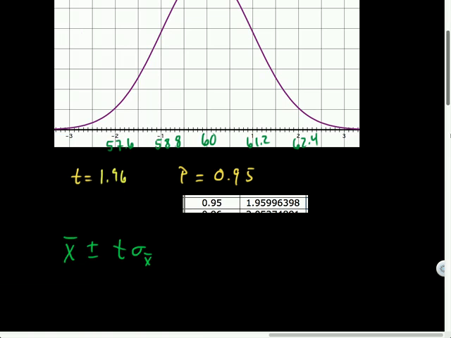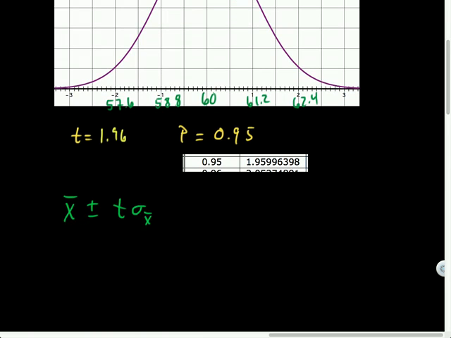So let's calculate this. My mean of the sample was 60. I'm going to add and subtract 1.96 times sigma sub x bar, which was 1.2. So it literally behaves like a standard deviation. It's just a separate type of graph that's representing the likelihood of the true mean being within that area.